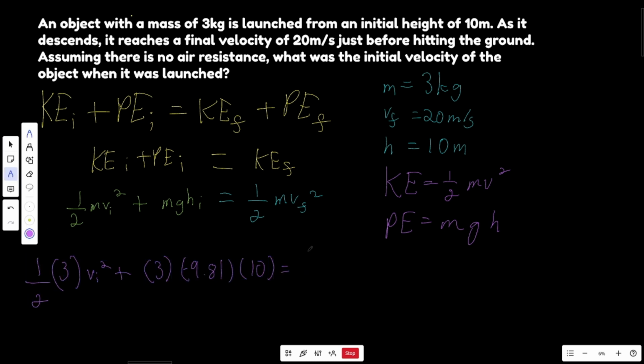This is equal to 1/2 times 3 kilograms times 20 squared.